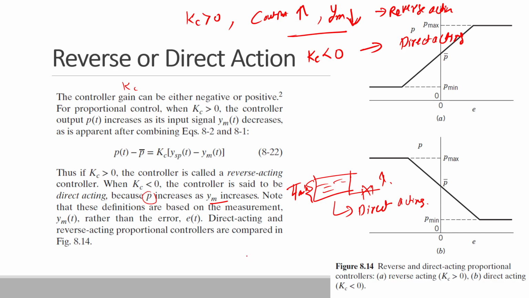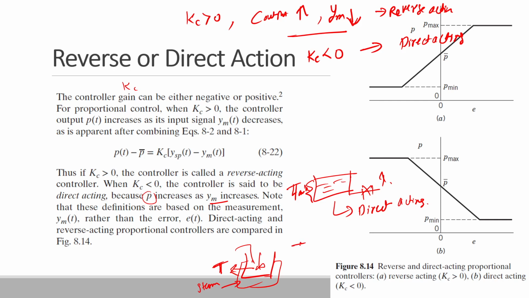Now let's consider a case of a first order reaction occurring in the CSTR, and we are monitoring the temperature of the reactor, and let's say we are providing steam to the jacket.